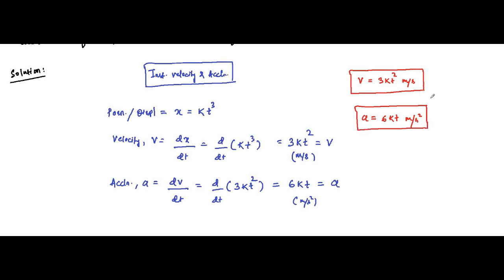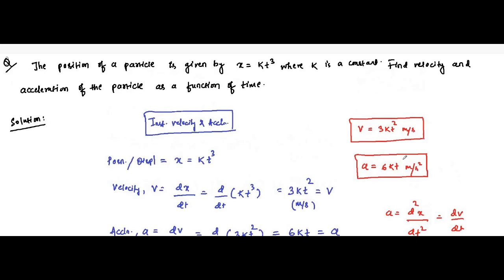Another way you can directly calculate acceleration, which we have also discussed, is the double derivative of x, which is the same as dv by dt, because v is equal to dx by dt. That way also you will get the same result.